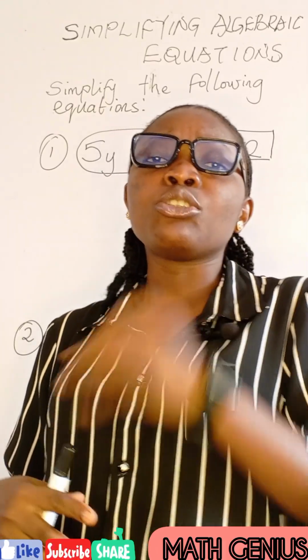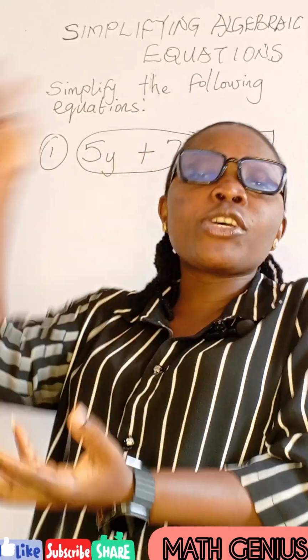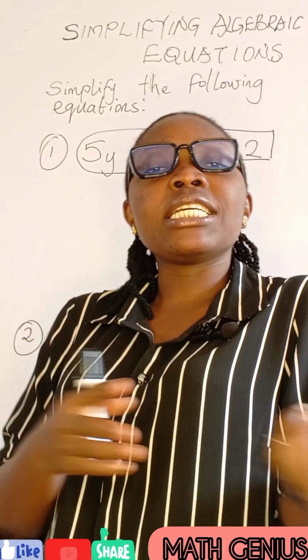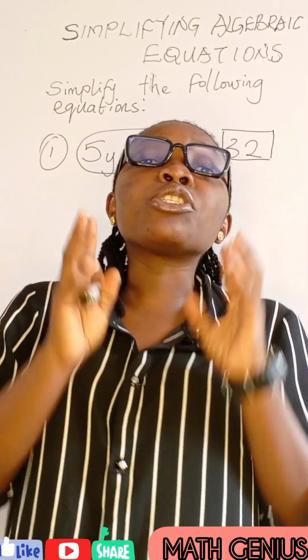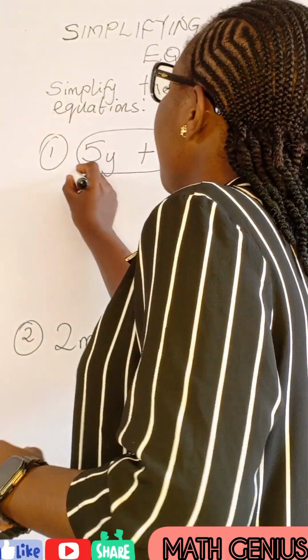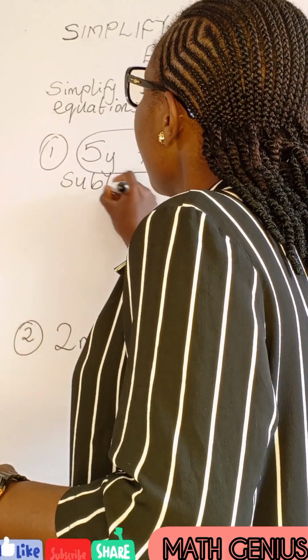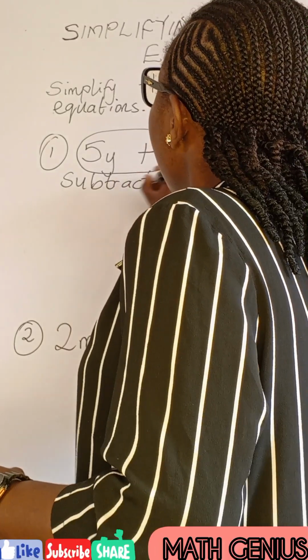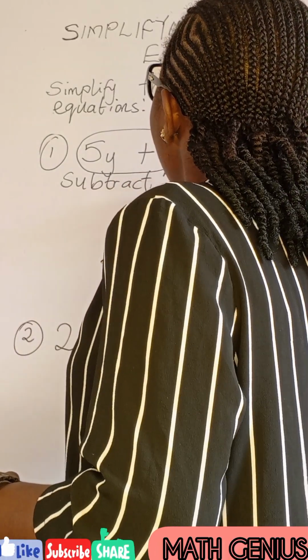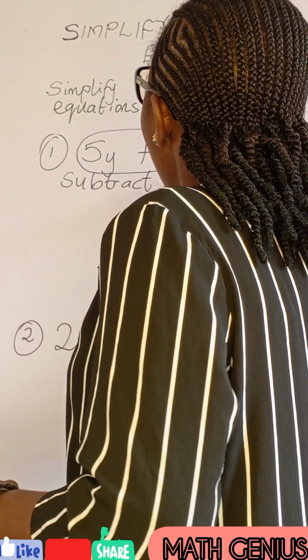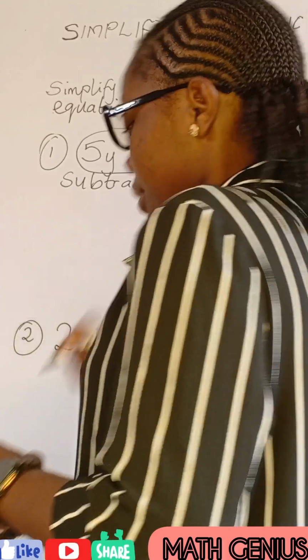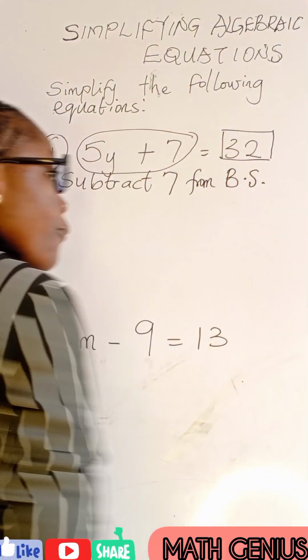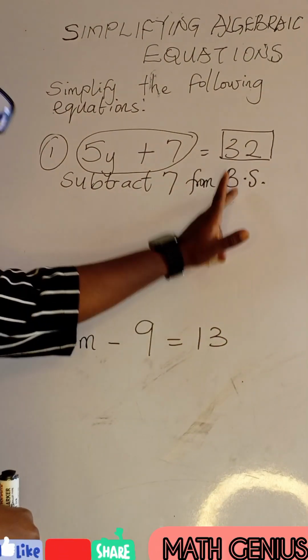And the only way we can do that is to do the opposite of plus, which is minus. So for us to do this, we have to subtract 7 from both sides.